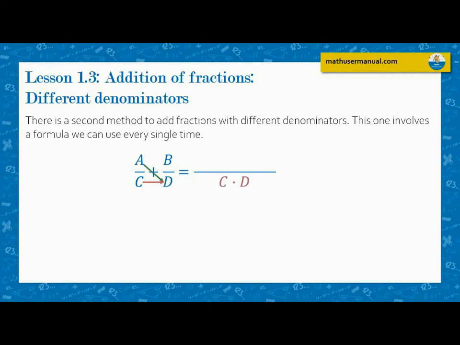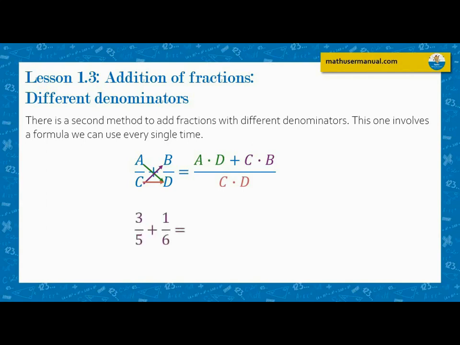Then we go across, a times d, and then across again, c times b. If we follow this formula every single time, we're going to be able to do every addition of fractions. Even when we get to more advanced math that involves letters and variables, this formula is still going to work.